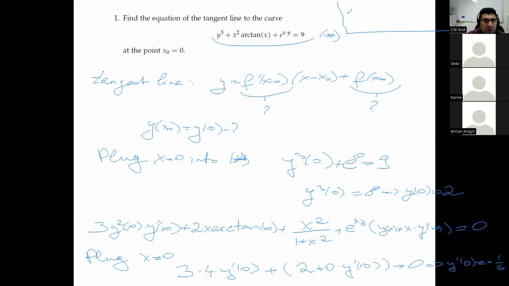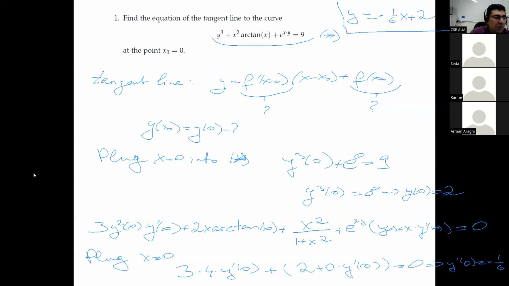The tangent line is given by y equals negative 1 over 6 times x minus x0, plus the value of our function, which is 2. This is the equation of tangent line, right?